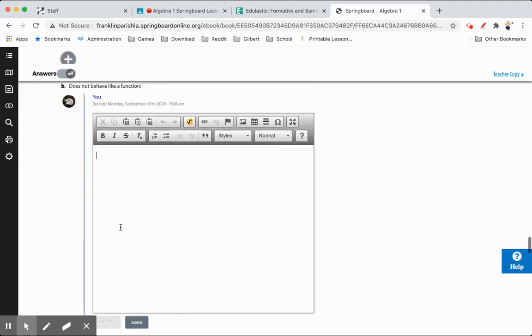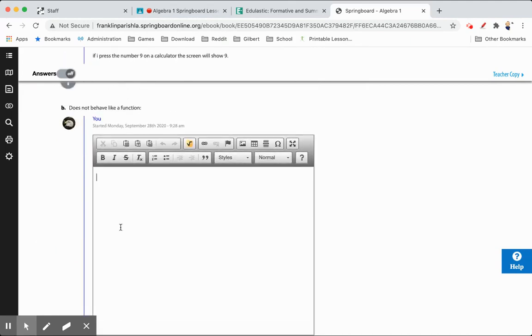Let's see. Let's say I had this set of numbers. Let's say (1, 2), (1, 4), (2, 3), (4, 4). This set would not represent a function.